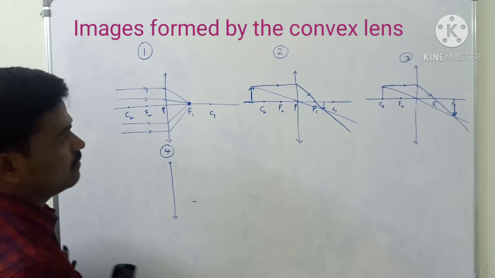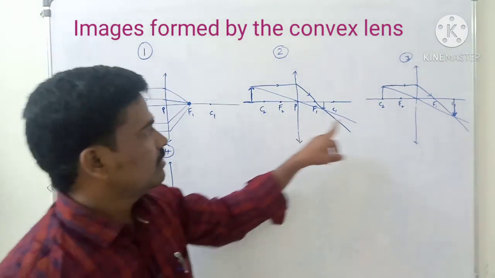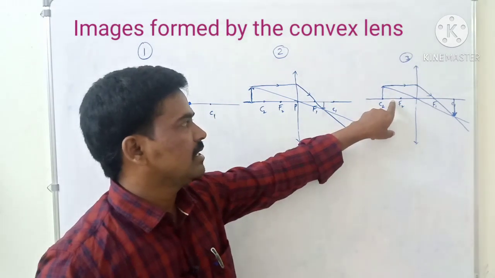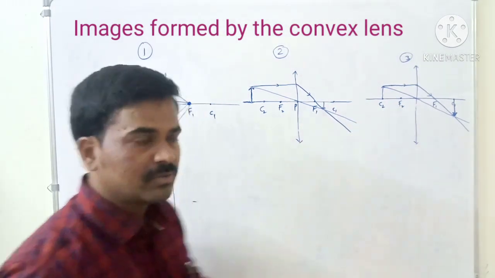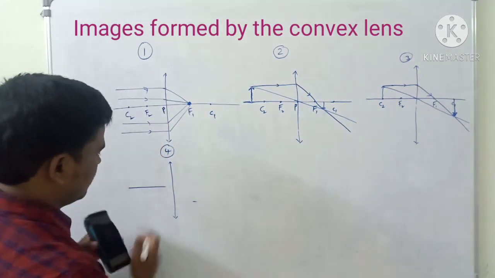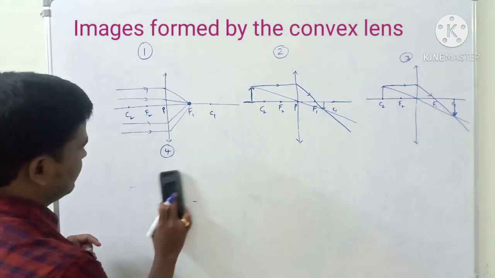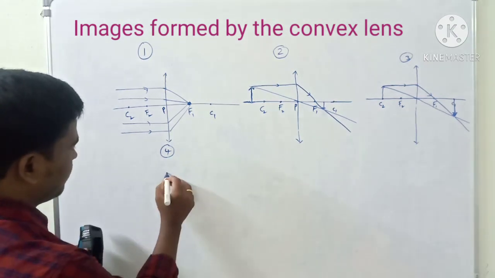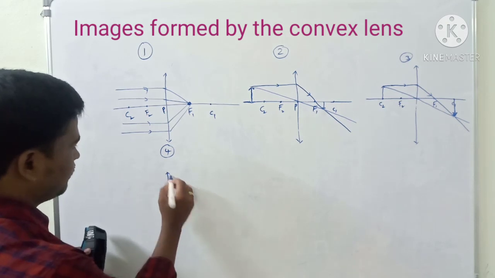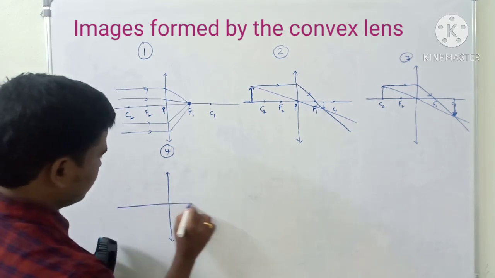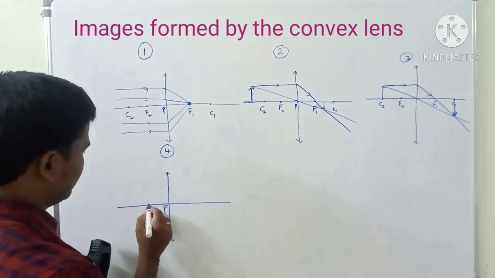What is the fourth place? Beyond C2, then on C2, the next place is in between C2 and F2. Let me draw a little bigger. This is the optic center.